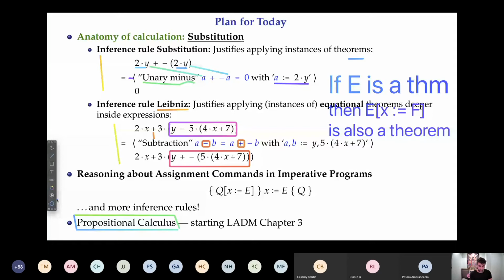Some of you are texting me. Let me see what you are saying. Word problems are in chapter 2, so please look into chapter 2. There's a lot of problems there, and I think chapter 5 or 6 also has word problems. So there are a lot of word problems throughout the book.